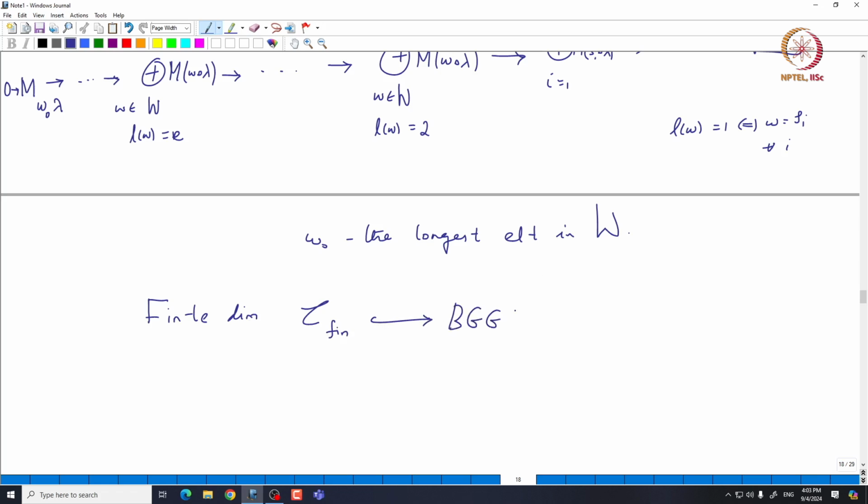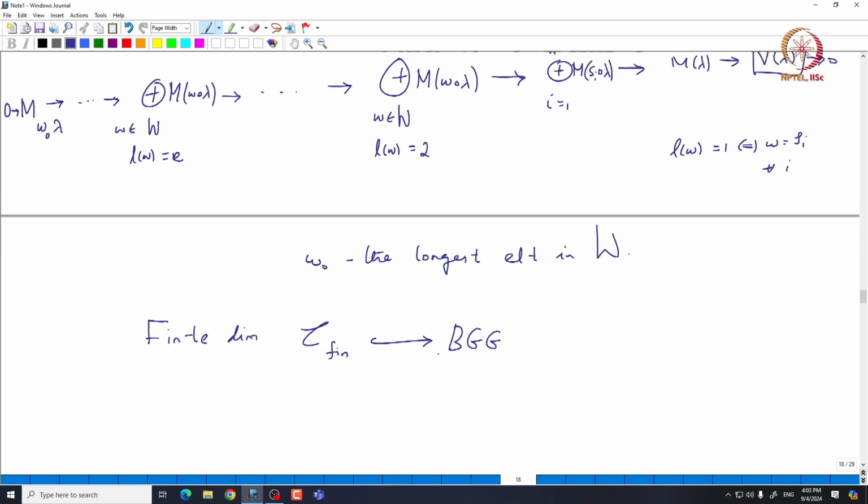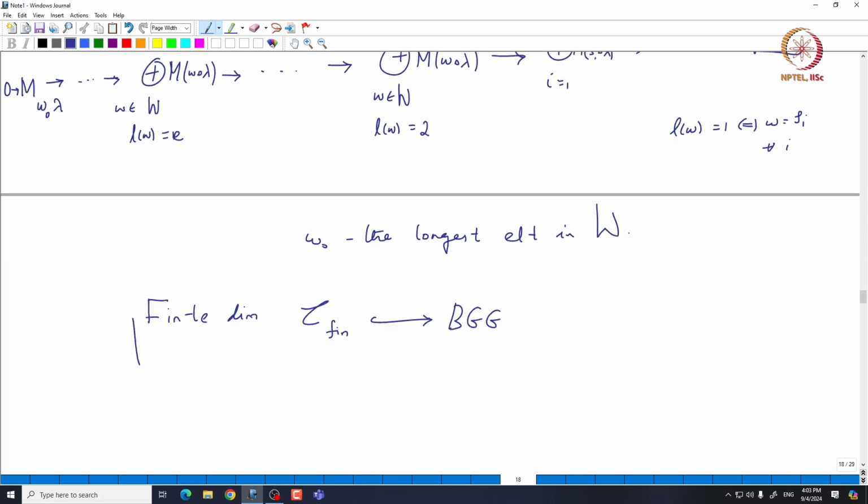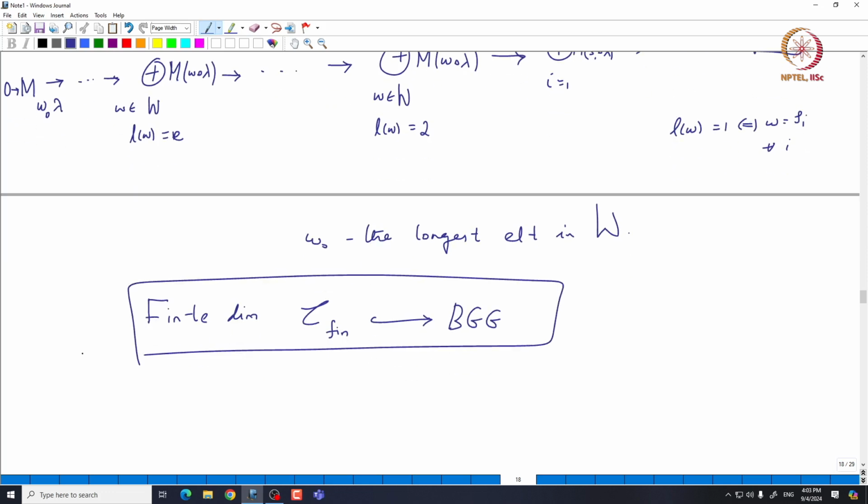I am not going to get into the definition of BGG, but it has a filtration given by highest weight representations, that is Verma modules, finite filtrations with highest weight representations.